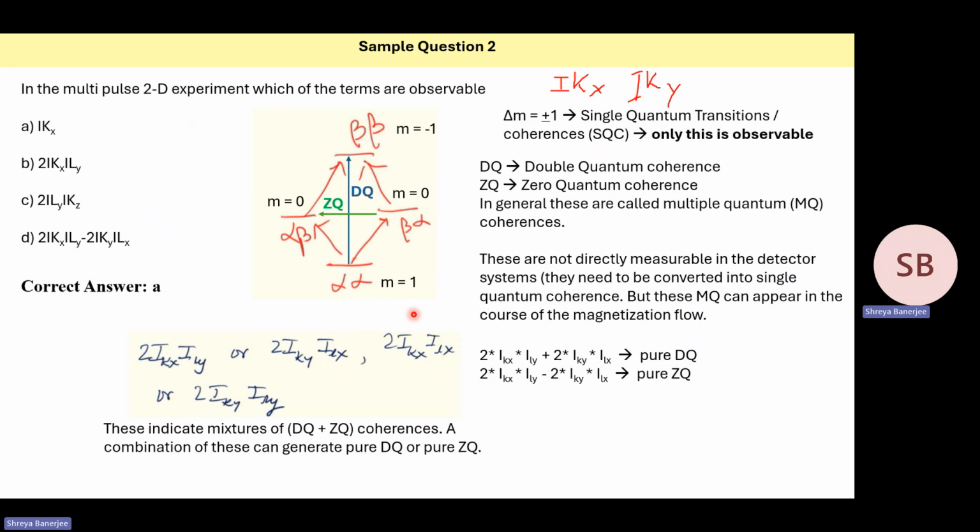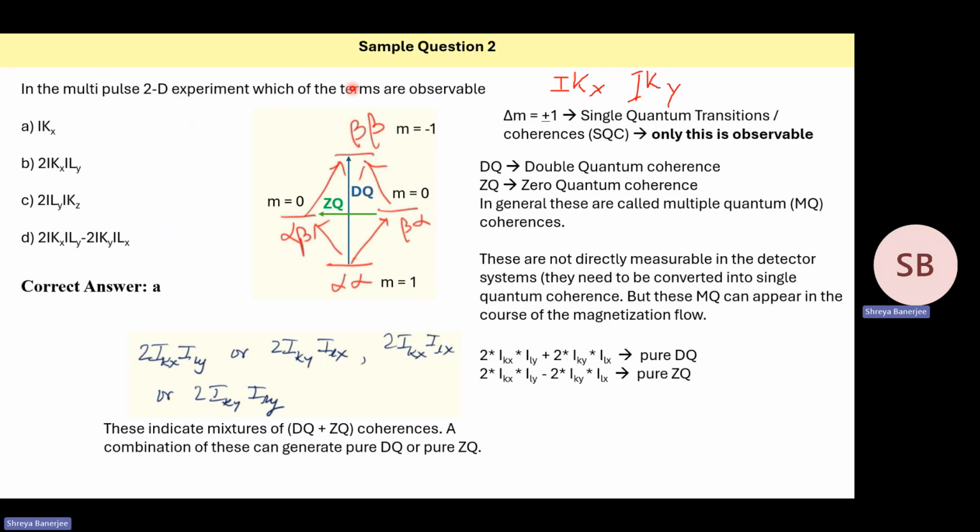A combination of these double intensity terms can be used to obtain the pure double quantum or pure zero quantum spectra. But even if you do that, these double quantum or zero quantum spectra are not observable because we can only observe single quantum spectra.